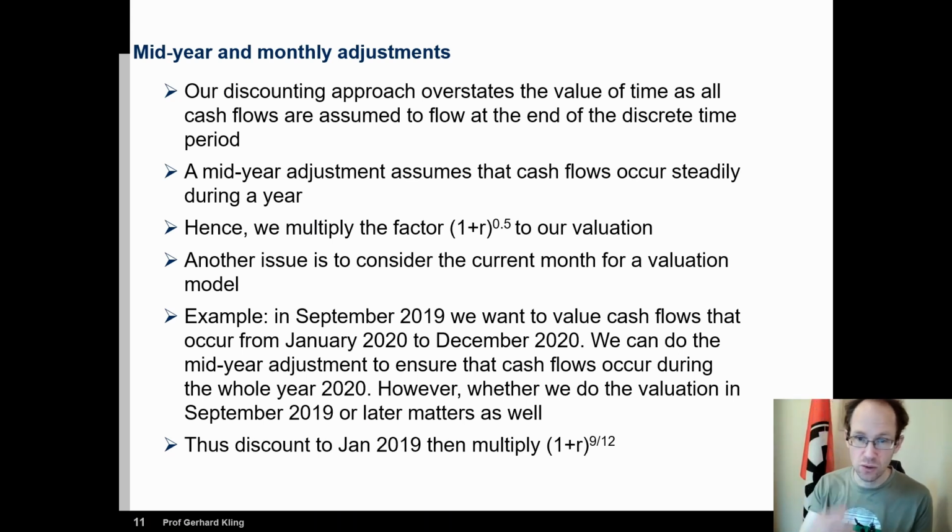So what you tend to do is multiply this by a factor of 1 plus your discount rate to the power of 1/2, which basically means I shift everything into the middle of the period. Now, honestly, these adjustments are not massive. They don't make a huge difference, but it's good practice to think about this and to adjust your model accordingly.